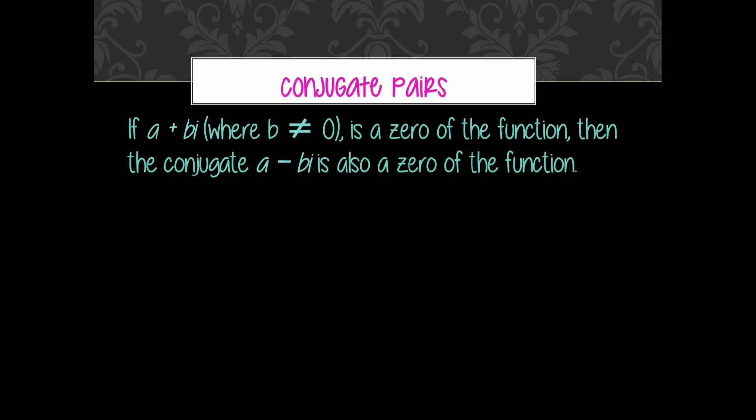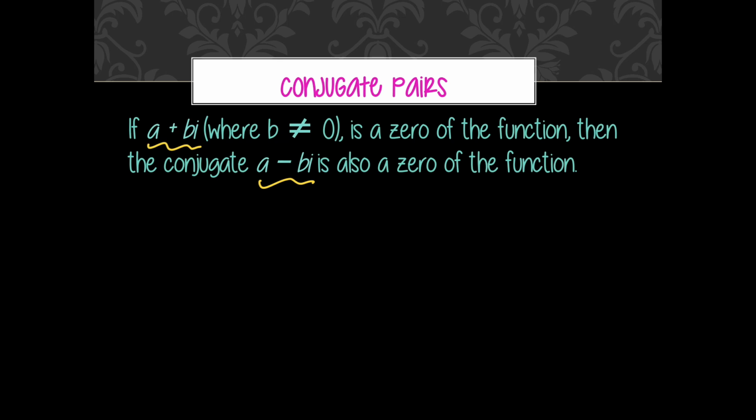All right, so we talked about conjugate pairs in 2-4 to use conjugate pairs to eliminate the denominator having an i. Now we are just using the conjugate pairs because if one imaginary number is a zero of a function, then we know the conjugate also has to be a zero of the function.